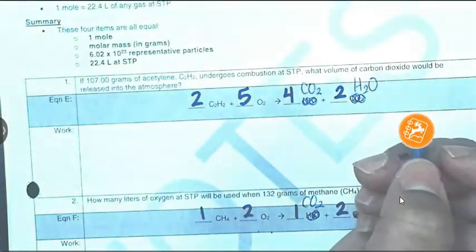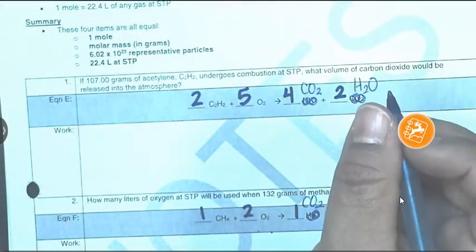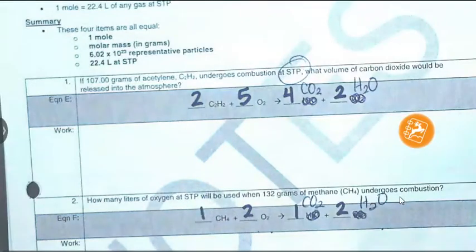So if 107.00 grams of acetylene undergoes combustion at STP, so there's my STP, right? What volume of carbon dioxide will be released in the atmosphere?